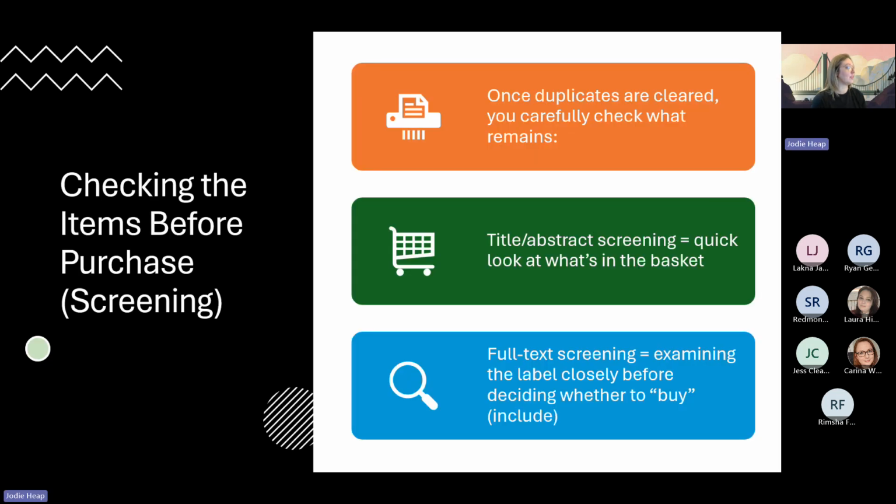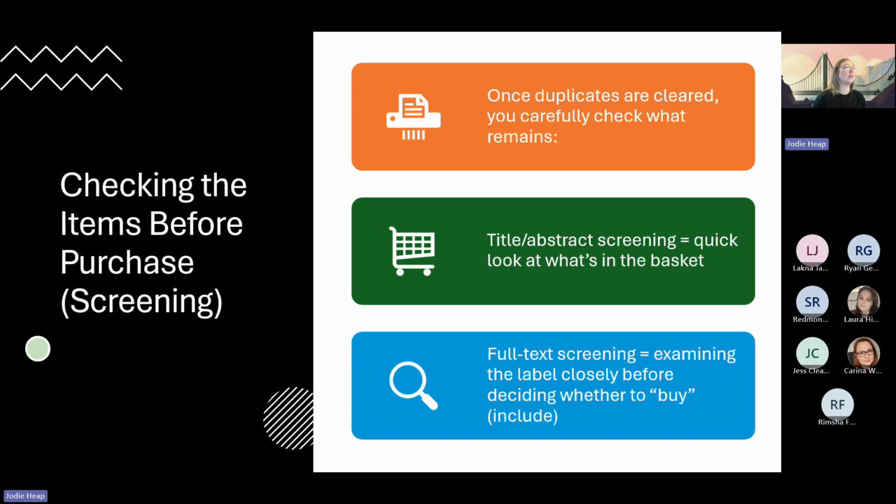Okay, so once you have cleared your duplicates, what you want to be doing is an initial screening process. So having a look at the title and having a look at the abstract and removing anything that doesn't fit your predetermined criteria. Okay, so this is quite a quick process. Does it not involve the population that you're interested in?